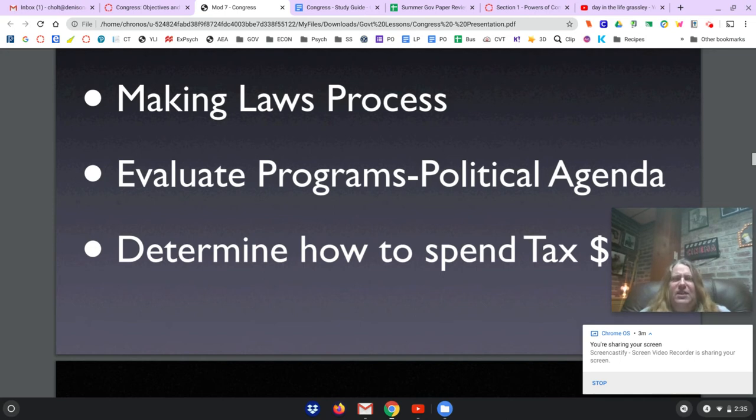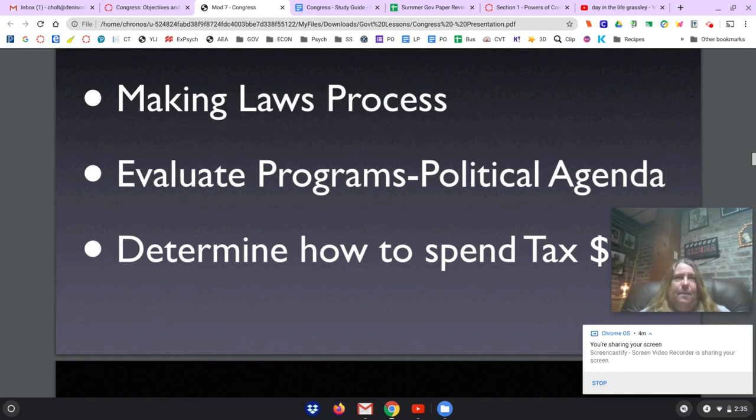I know people think that's a dirty word. Well, lobbyists do help Congress members because they give them information. And when they get this information, Congress members are able to better make informed choices. So lobbyists do play an important role in the political process and that political agenda.